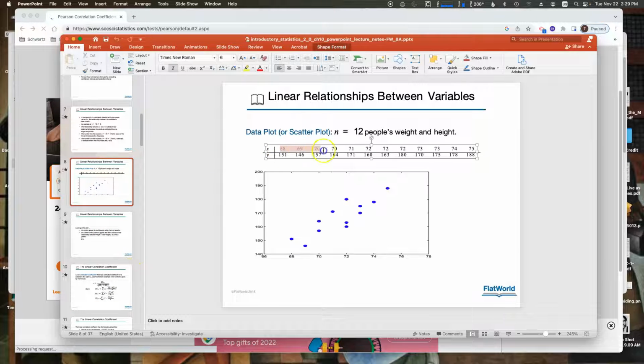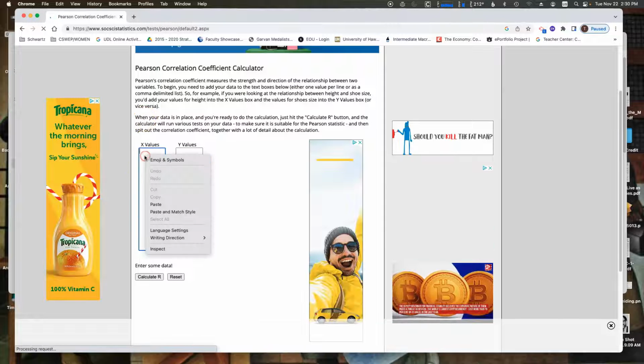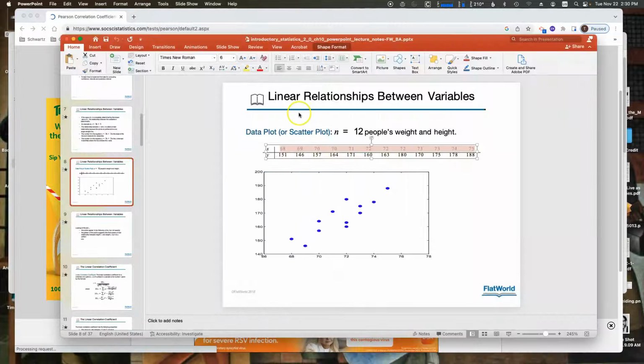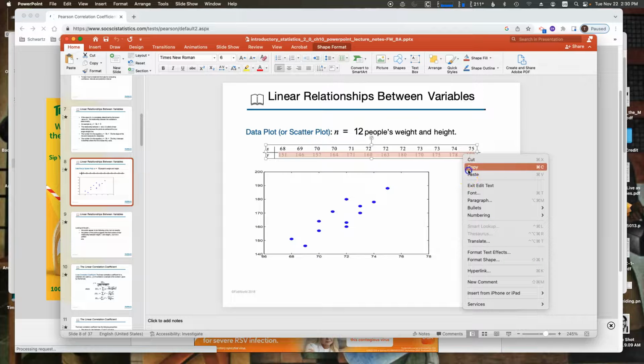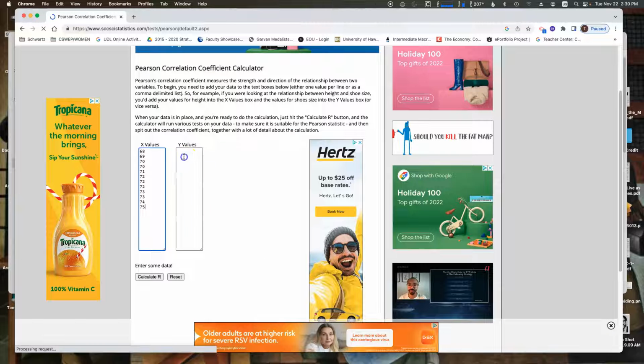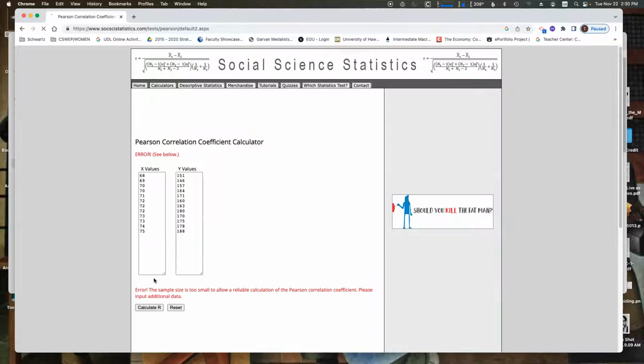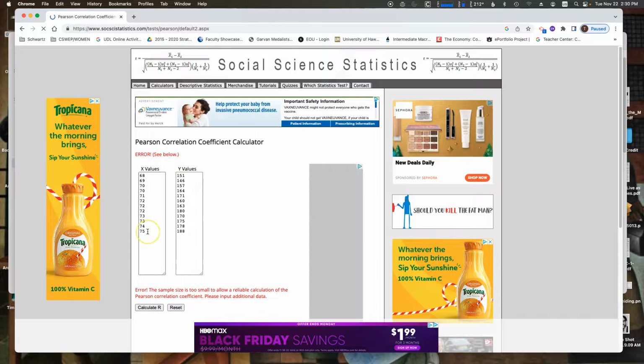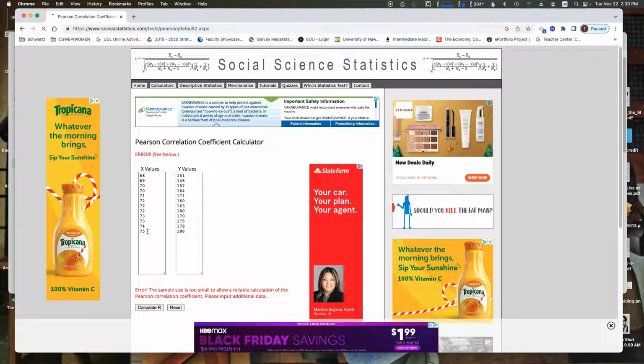Let's see if it lets us do this here. So I'm just taking my values here. Oh, duh. This is trying to calculate a Pearson correlation coefficient.